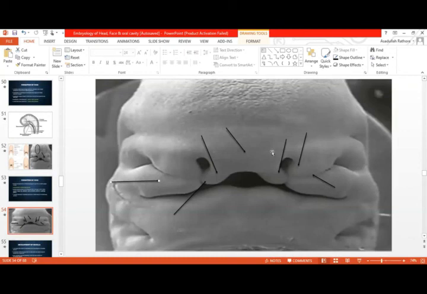So are you clear about formation of face now, ठीक है। ये different prominences होती हैं जिनकी fusion से आपकी facial structures और upper lip के जो structures हैं वो develop होते हैं। So are you clear about the formation of face?